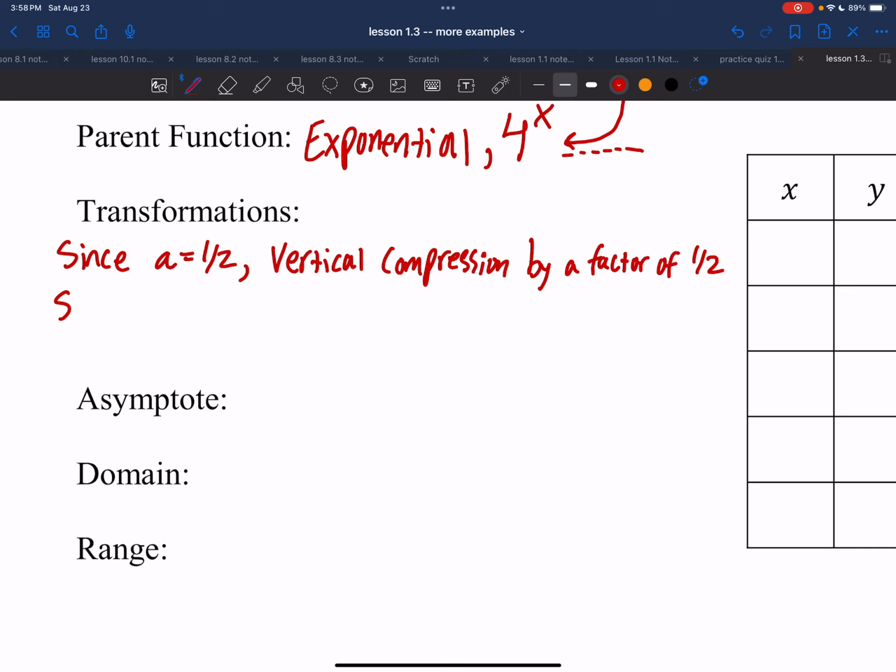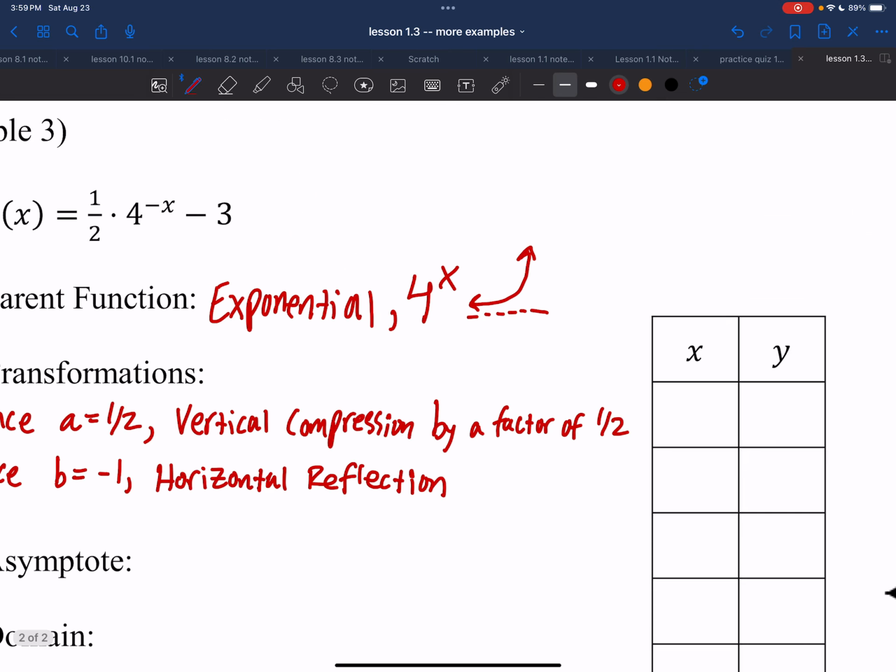What else did I know? I said the b value was negative 1. If the a value is negative 1, that would be a vertical reflection. So if the b value is negative 1, this is a horizontal reflection.